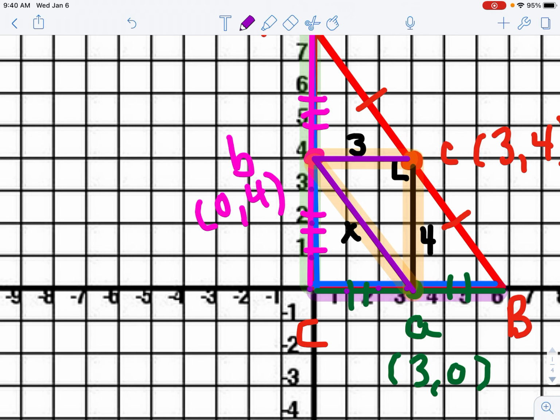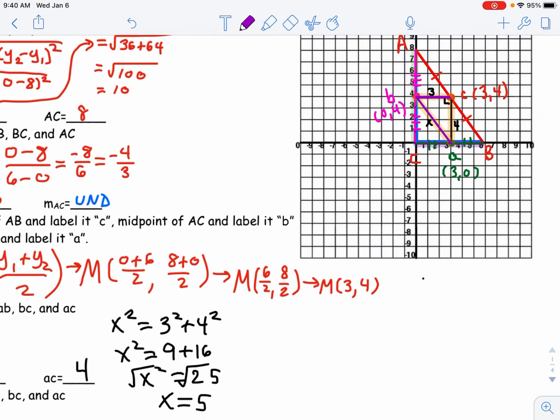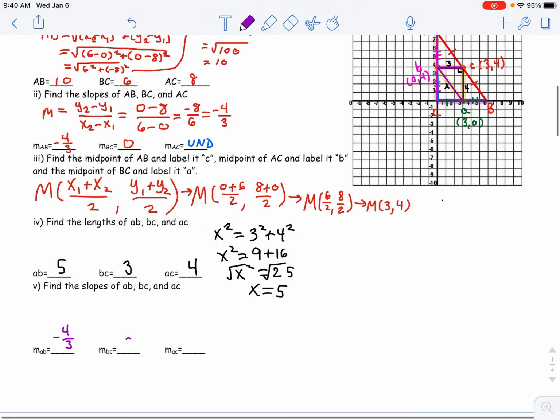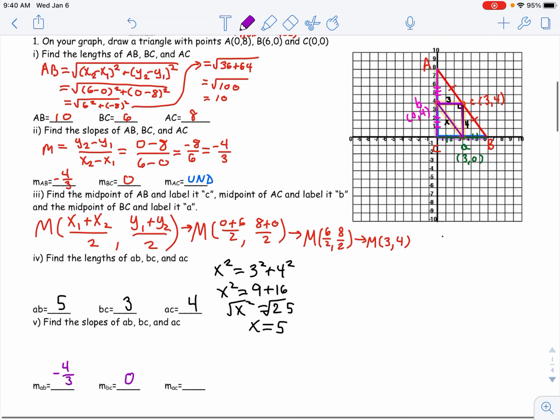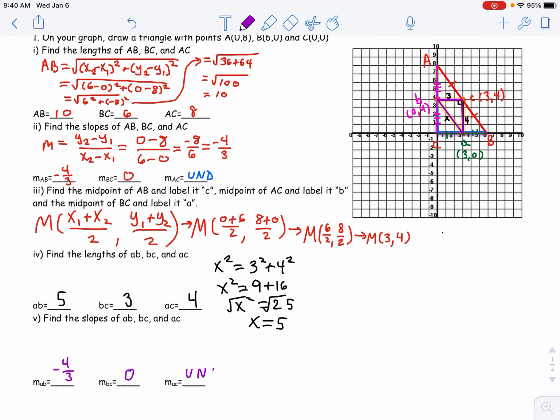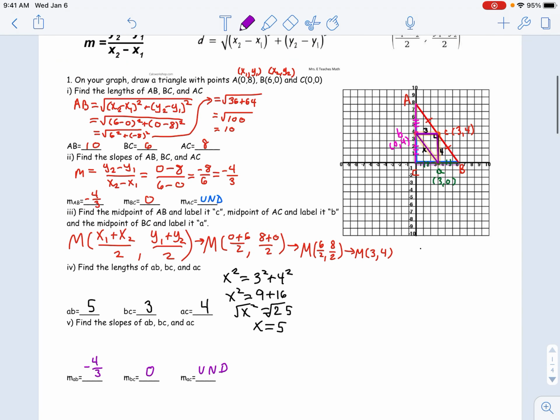The slope of BC, this is 0 fun, 0. Horizontal lines are 0, and then the slope of AC is undefined. It's a vertical line. All right, very in-depth what we did right there.